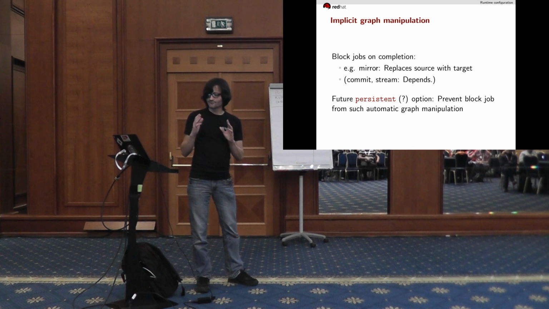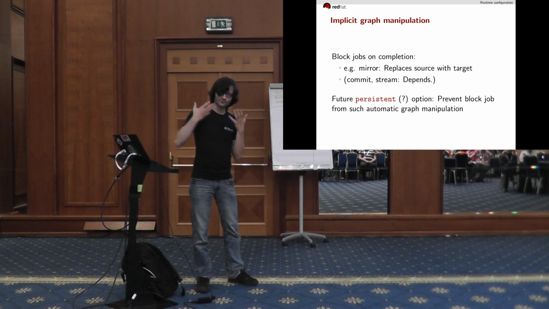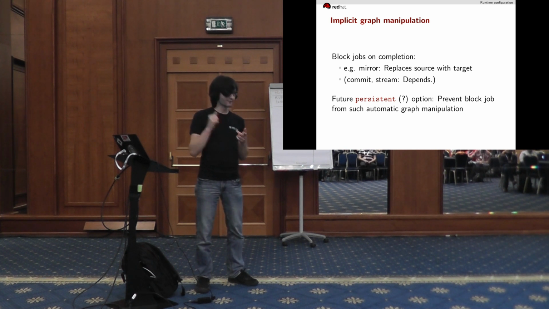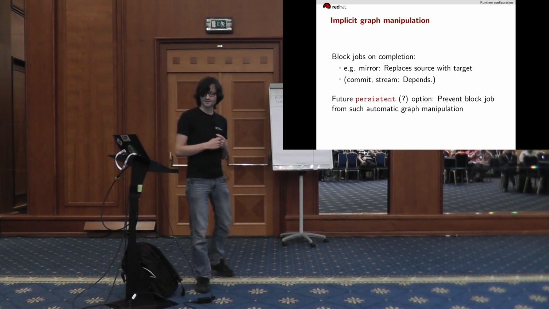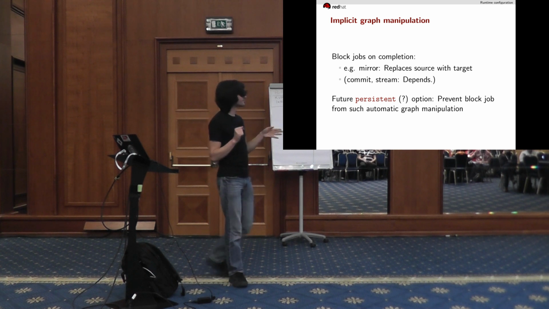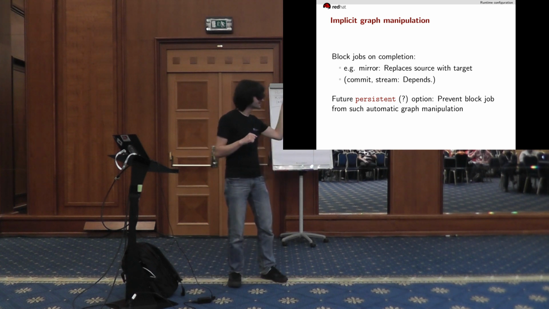And the issue with that is if you want to have control over this whole graph, if you actually created it from scratch with all the options and so on, you probably don't want this implicit manipulation. You probably want to know exactly when what manipulation is going to happen. So we're currently discussing, or there have been some RFC patches on, introducing an option called persistent for now.